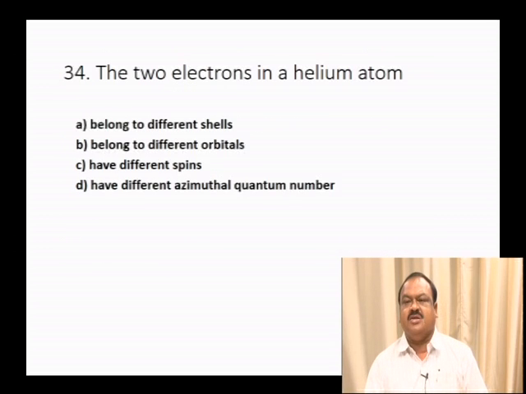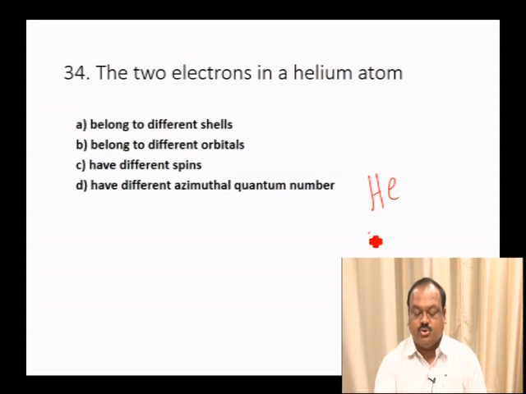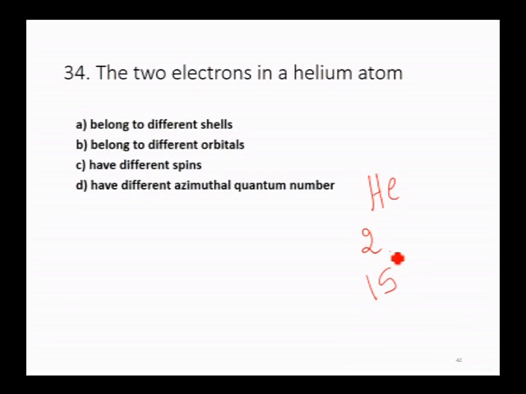The two electrons in a helium atom belong to different shells, belong to different orbitals, have different spins, have different quantum numbers. Helium atomic number is 2. Its electronic configuration is 1s2. Same orbit: 1 indicates the same orbit. S indicates the same orbital, that is same azimuthal quantum number as well as magnetic quantum number.